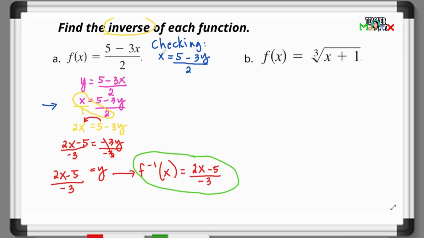Okay, let's start. We will see if si x ba will be equal to itself. So, let's copy x equals 5 minus 3, then copy this inverse, (2x minus 5) over negative 3.